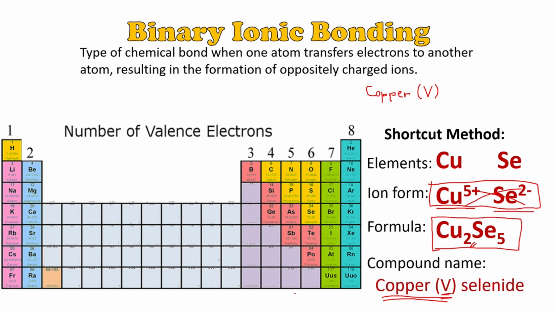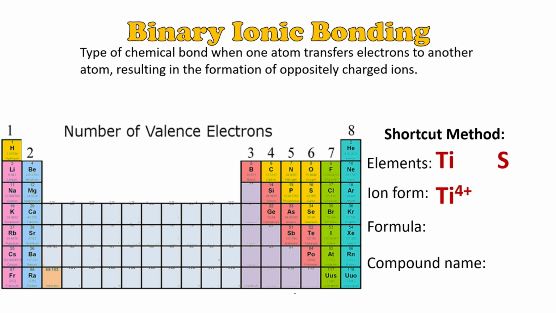Okay, another example, titanium. Titanium is also a transition metal. And we have an example here given already, the ion of titanium, which has 4 plus. Sulfur is under the 6 valence electrons. It means it has 6 valence electrons and it needs 2 electrons to make it stable.